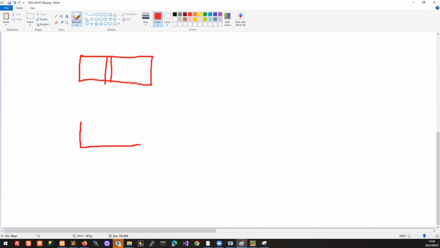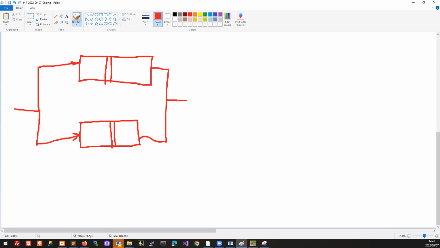And maybe this one is a bit smaller. And now they are in parallel. Let's do that. So what's the RTD going to look like in this case?